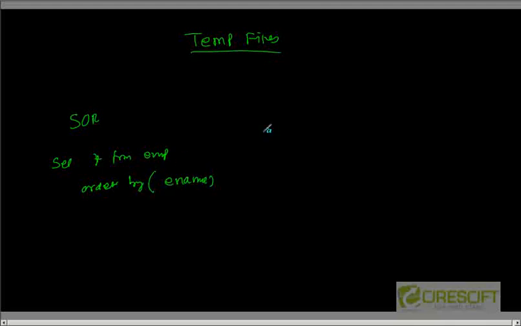In that case, we get the data from the data file, and then we sort the order in memory. But if select star from emp is going to give us a huge amount of data, then it's not a good idea to sort in our RAM or in our SGA. Instead, we can write those things to a file called a temporary file, and we can use that temporary file to sort the results. And that is the use of the temporary file.